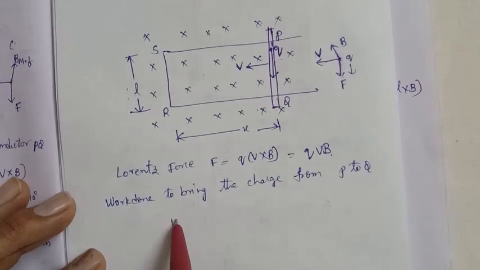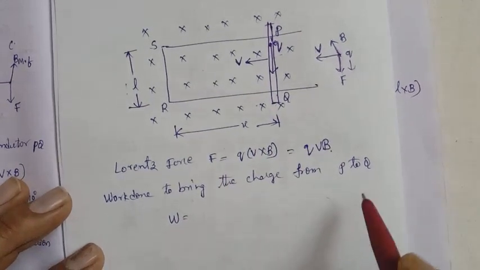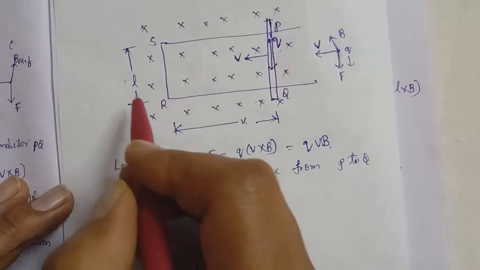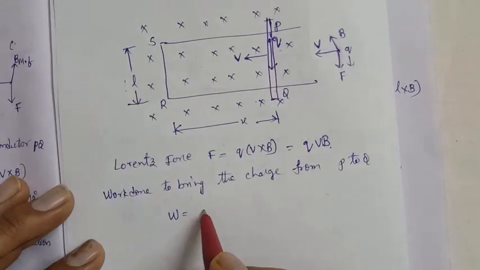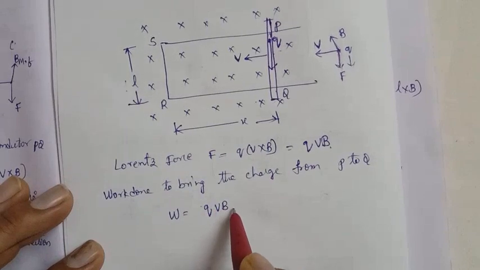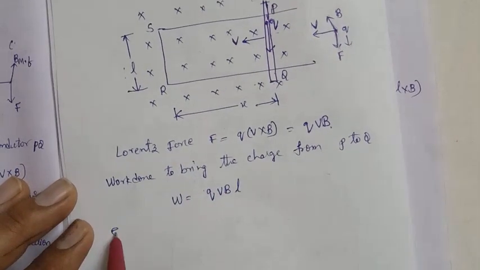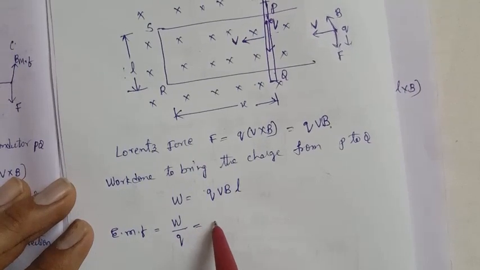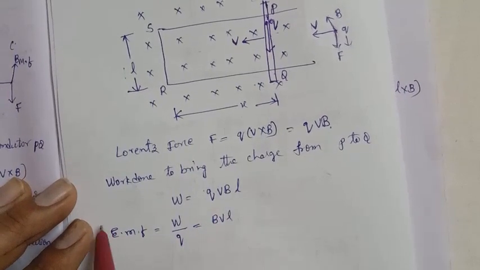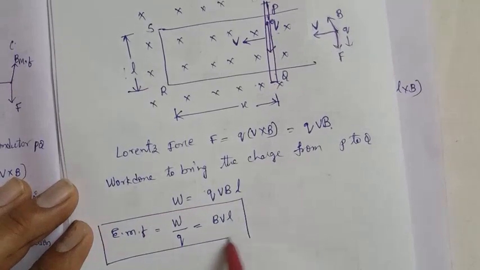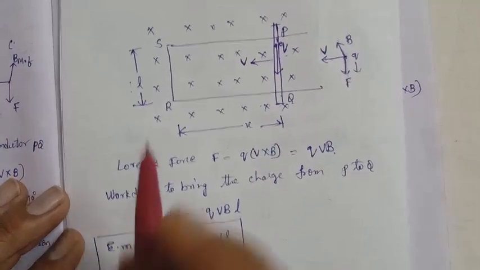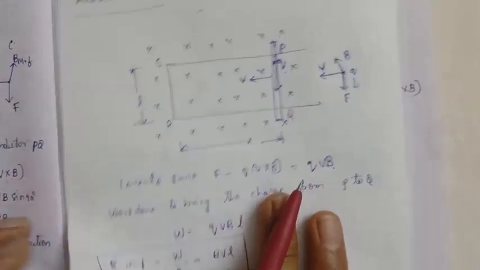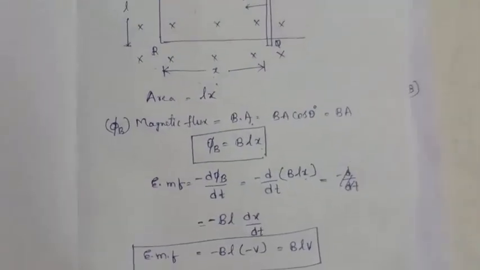So work done is, as you already know, F·S, where F is qvB and the distance is L, so that is qvBL. What is the induced EMF? Induced EMF is work done per unit test charge, which is equal to BvL. The same value you got previously, you are getting here also. So you can follow either method. I suggest this is a very easy method.